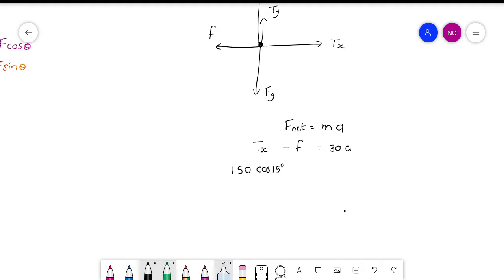And from that, I'm going to subtract the 24 is equal to 30a. And now I have, this box will accelerate at 4,03 meters per second squared, to the right.